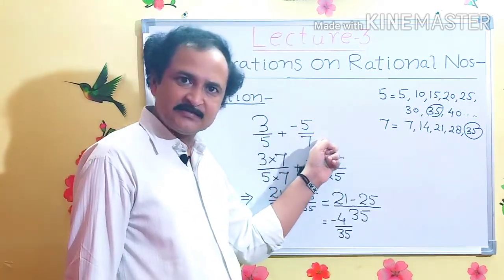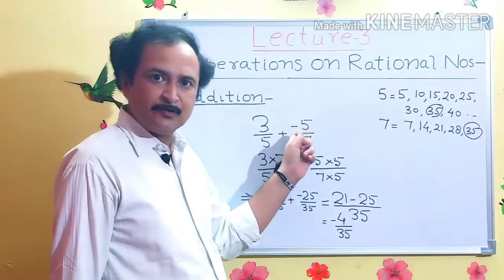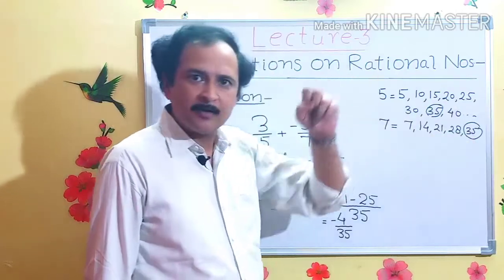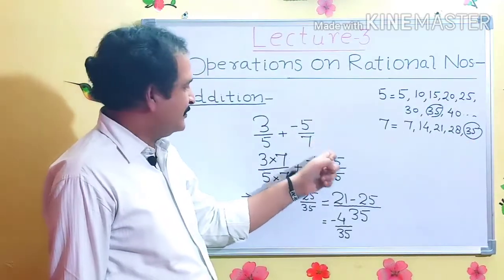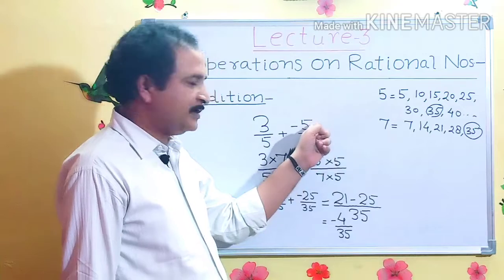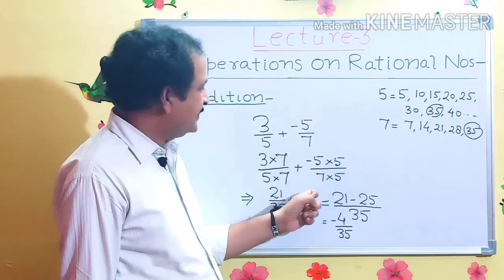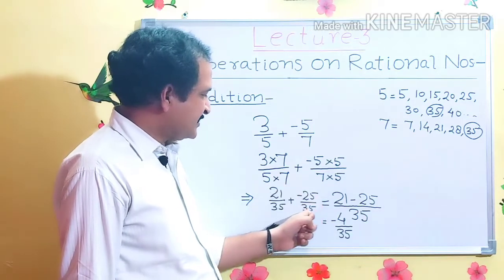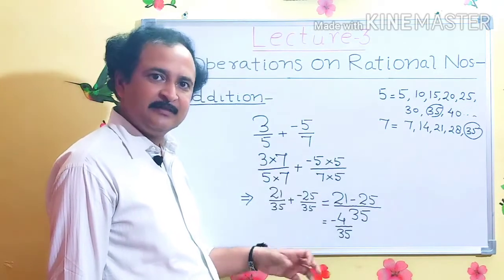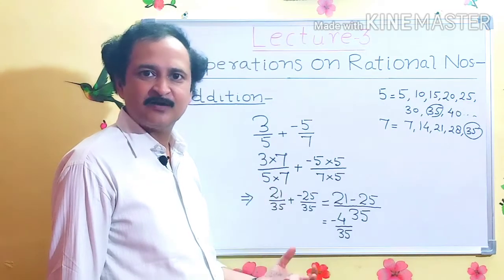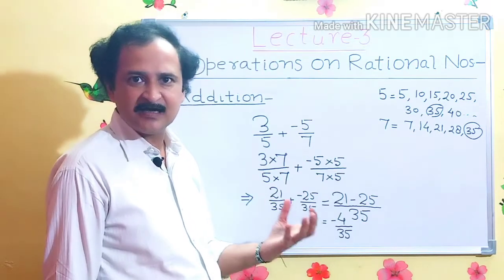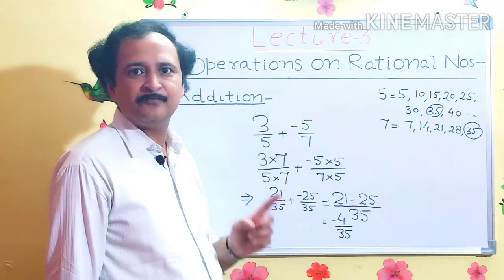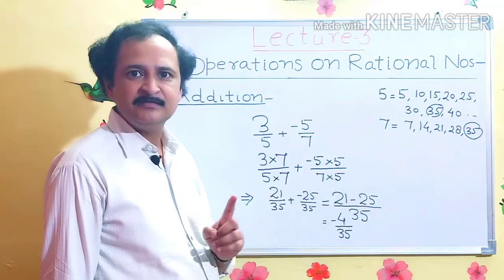Similarly, convert the denominator of the second rational number into the lowest common multiple. For this purpose we multiply 5 in numerator and denominator both, so the second rational number is converted into equivalent rational number minus 20 upon 35. Then apply the same procedure of adding as we have discussed earlier for rational numbers in which denominators of both rational numbers are same.